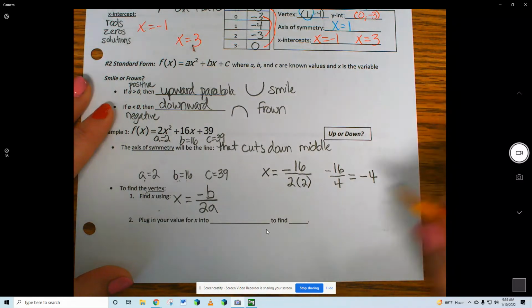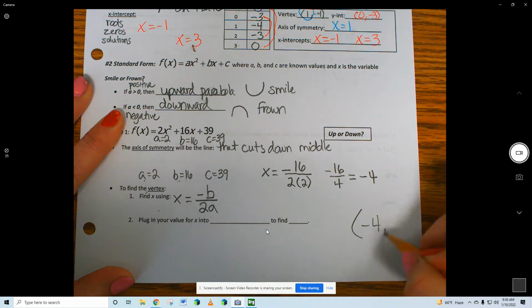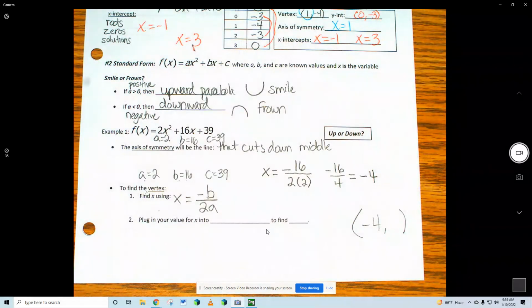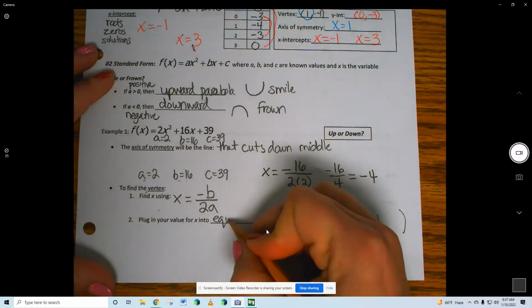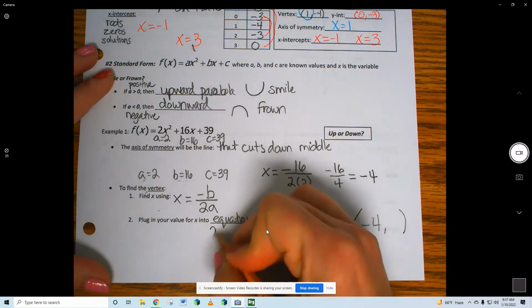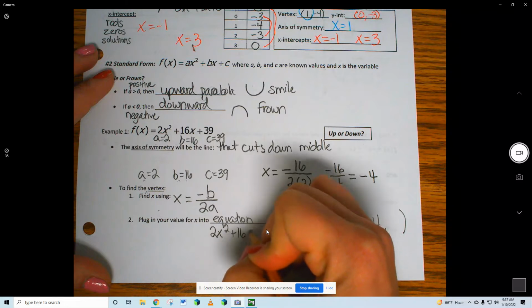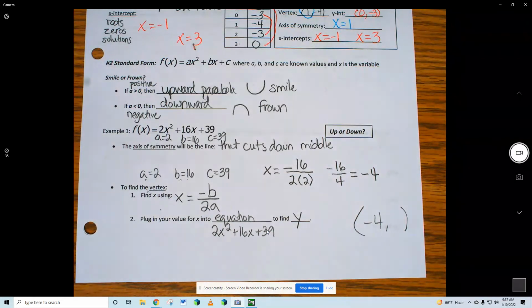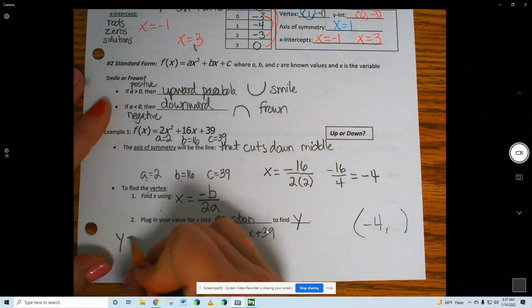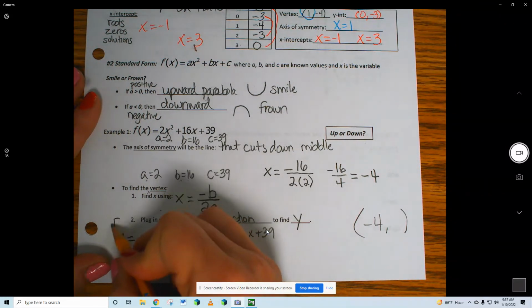So my vertex is going to be negative 4, comma, I don't know, I haven't found y yet. My x value I just found was negative 4, negative b over 2a. Plug your value for x into your equation, 2x squared plus 16x plus 39, to find my y value, because y equals f of x is the same thing as y.